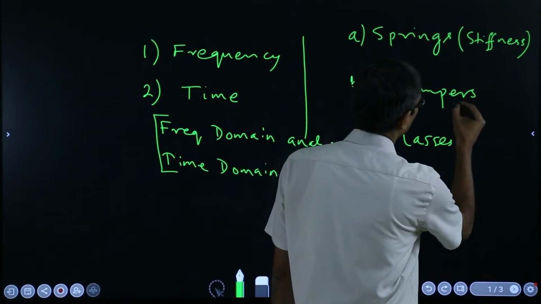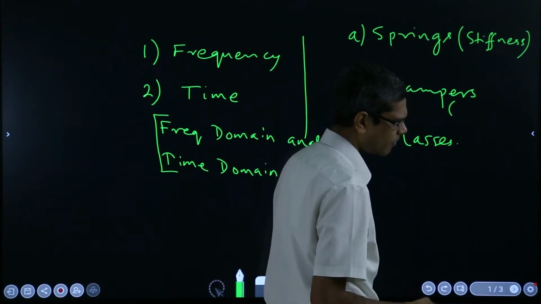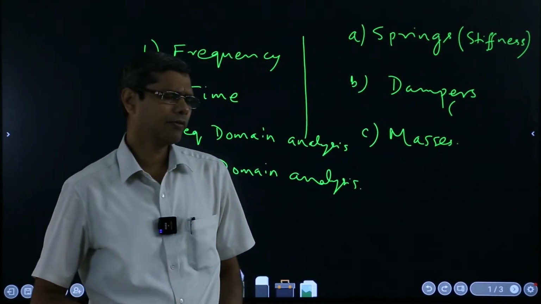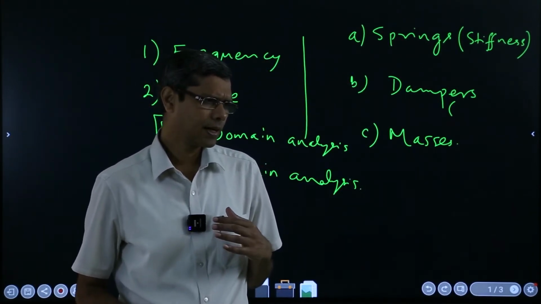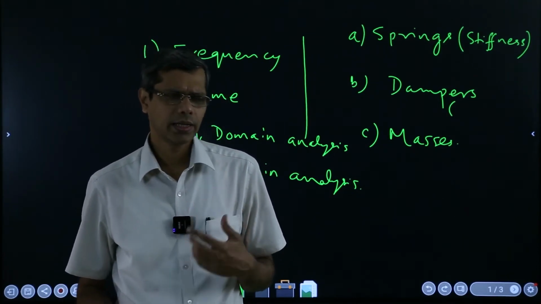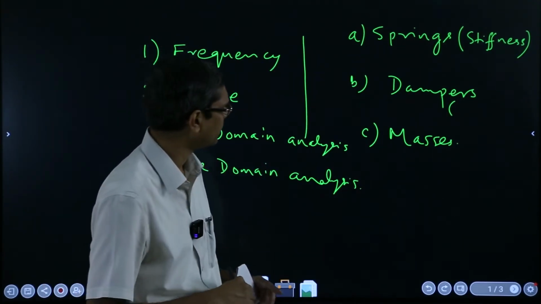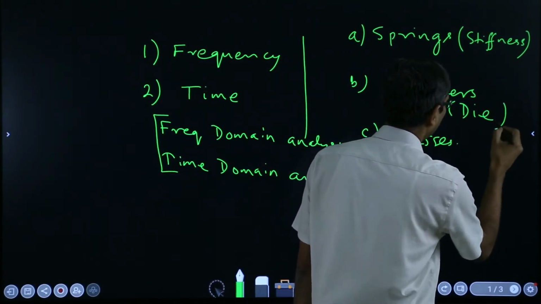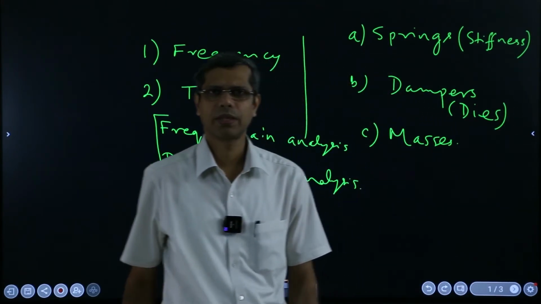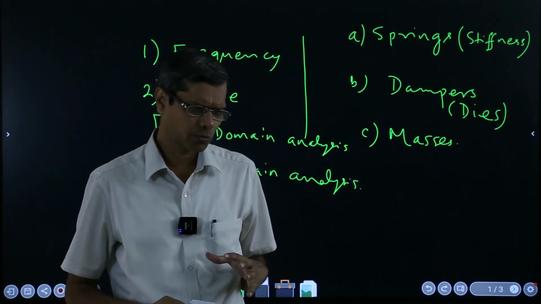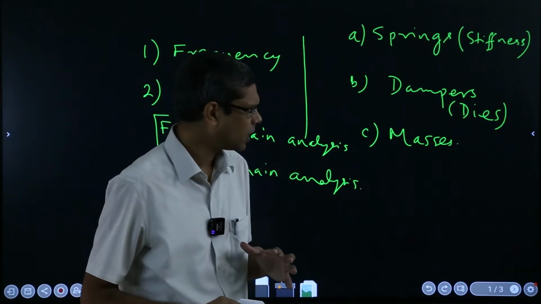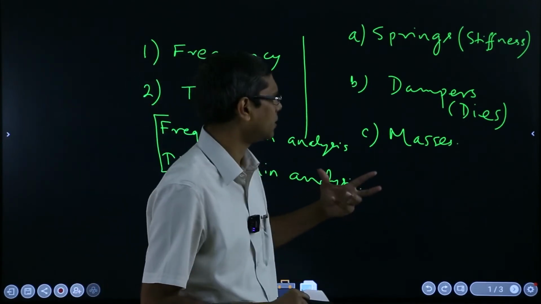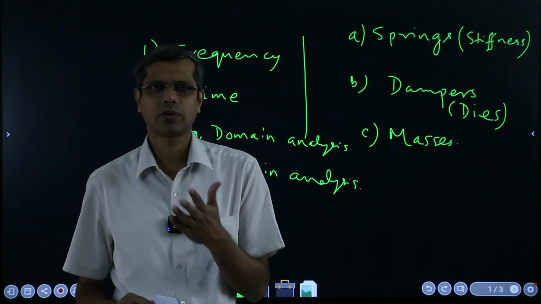And damper, so this is in a way means things die at a particular rate. Everything dies at a particular rate. When I say dies, suppose you created a vibration, it dies out after some time, right?